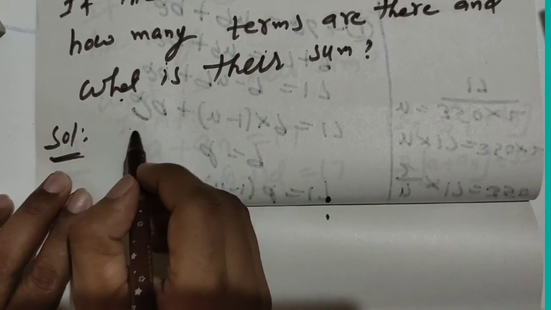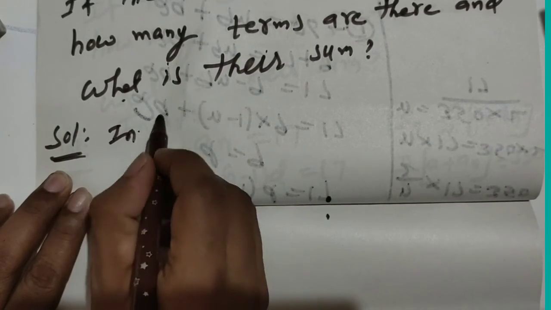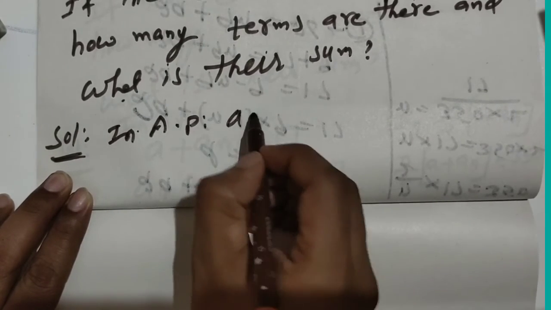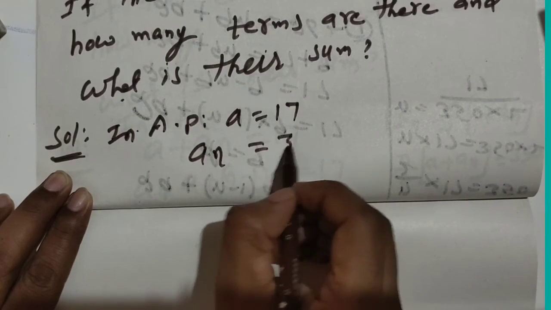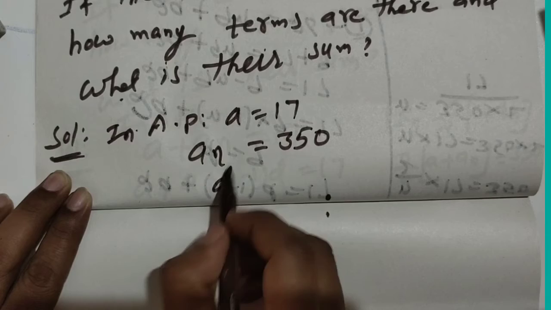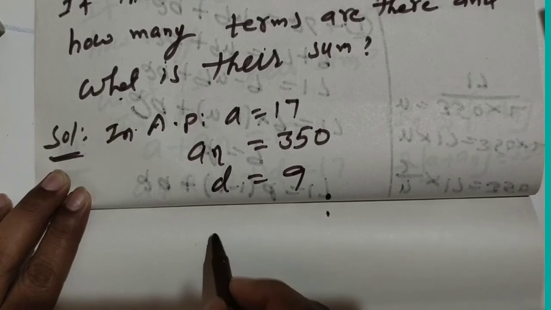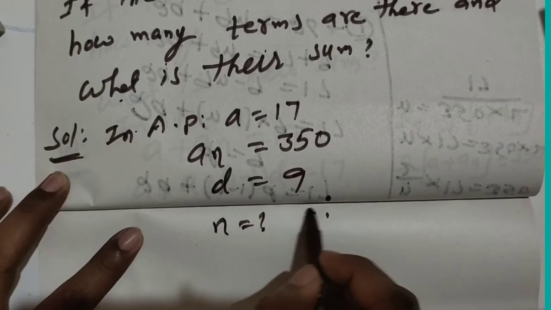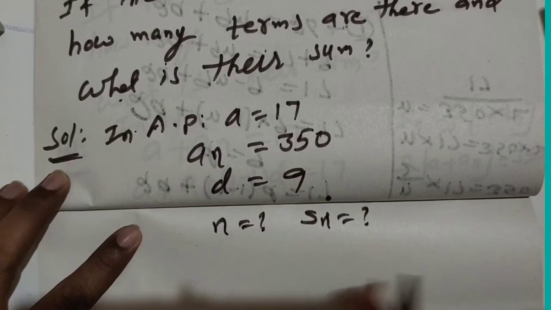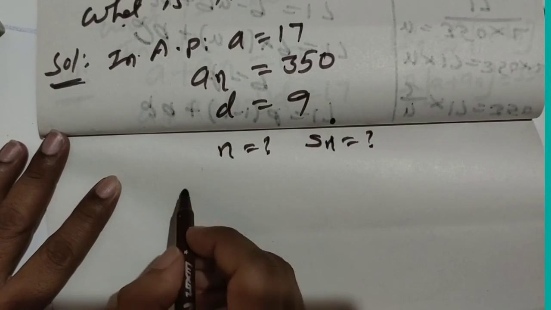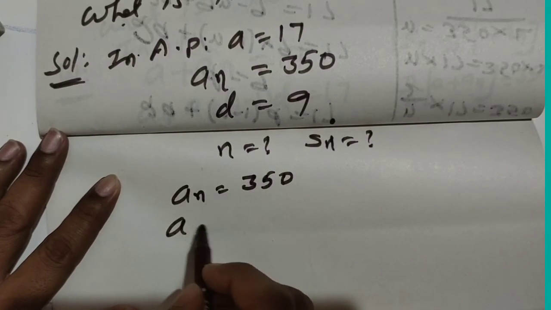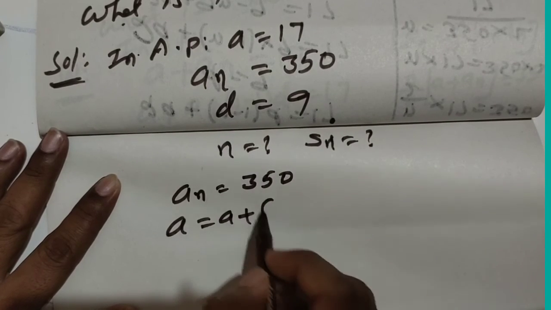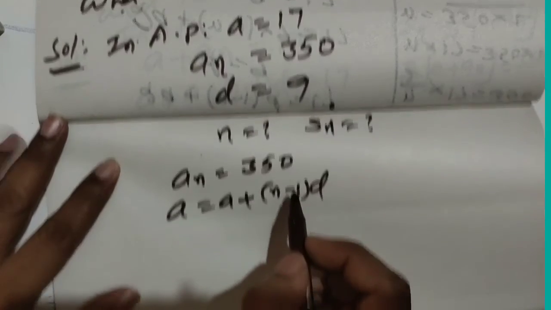So here, in the AP, the first term is 17 and the last term, generally taken as an, is 350. Then the common difference is 9. We have to find n and S. This is the data. Now first of all write the an formula, the simple one: an is equal to 350, that is a plus n minus 1 into d.